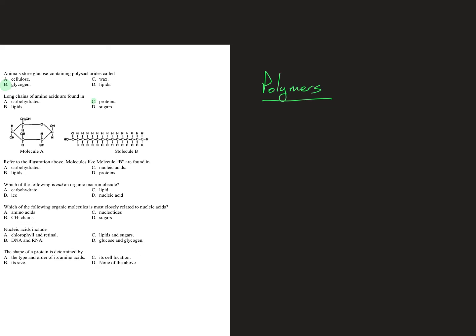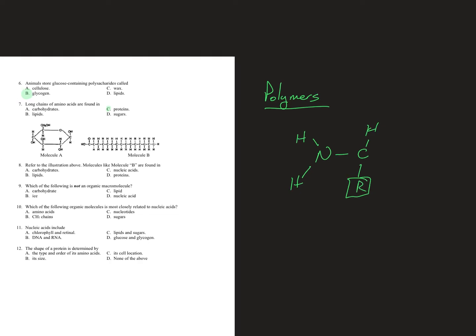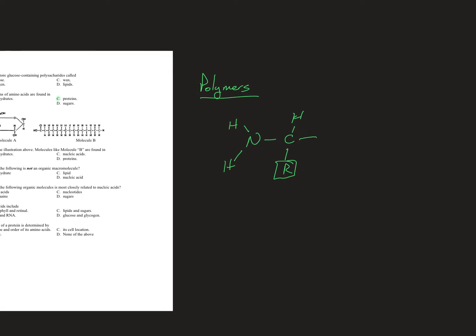Oh, that's wrong. Let me fix it so it's not wrong. It should have an amino group, NH2, and a center carbon. There should be a hydrogen, some R group, and then C double bond O, OH.